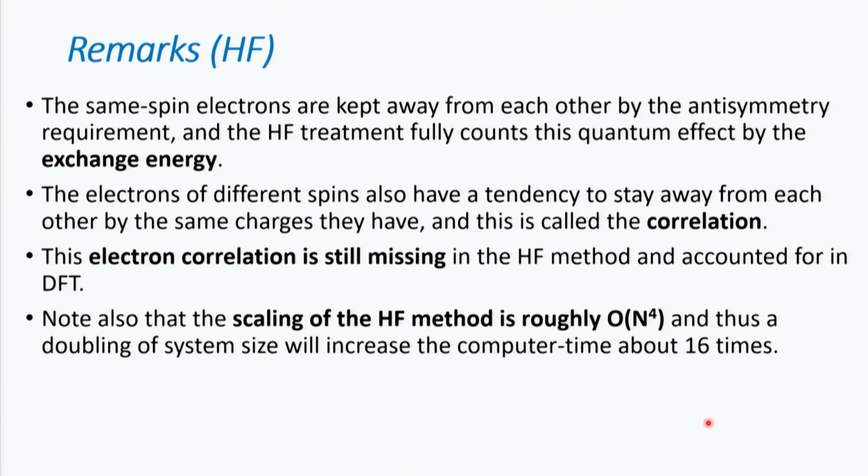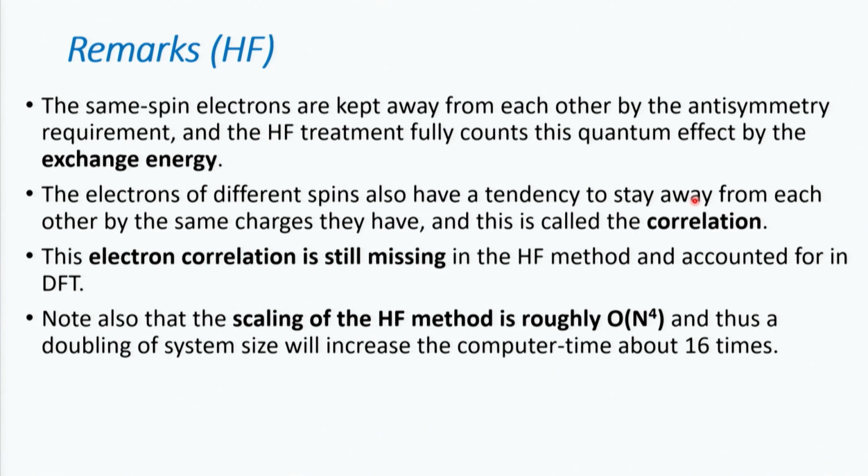What special statement do we get from Hartree-Fock? The thing is that same-spin electrons are kept away from each other by the antisymmetric requirement, and the Hartree-Fock treatment fully counts this quantum effect by the exchange energy. Electrons of different spin also have a tendency to stay away from each other because electrons have the same charge.